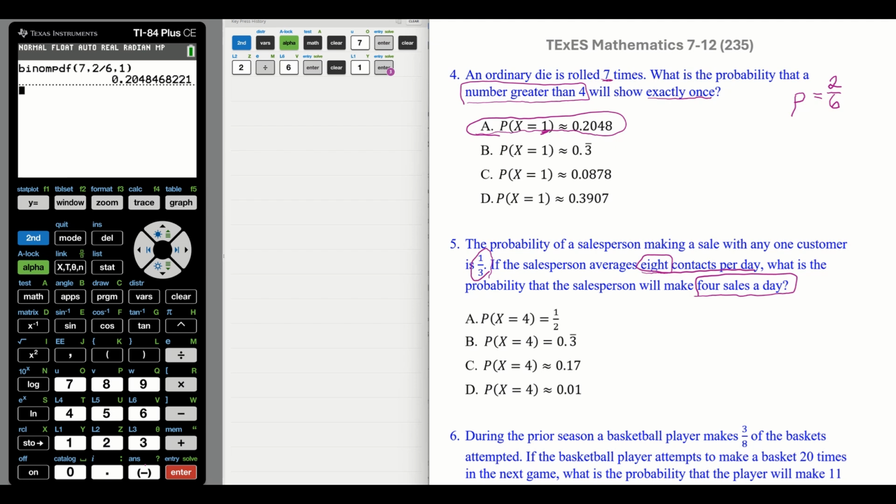How many people is he exposed to each day? Well, looks like he's got an 8 total of possible interest in his item he sells. And then we're saying, okay, let's see. What is the probability that he'll actually make 4 sales every day for a consistent amount of time?